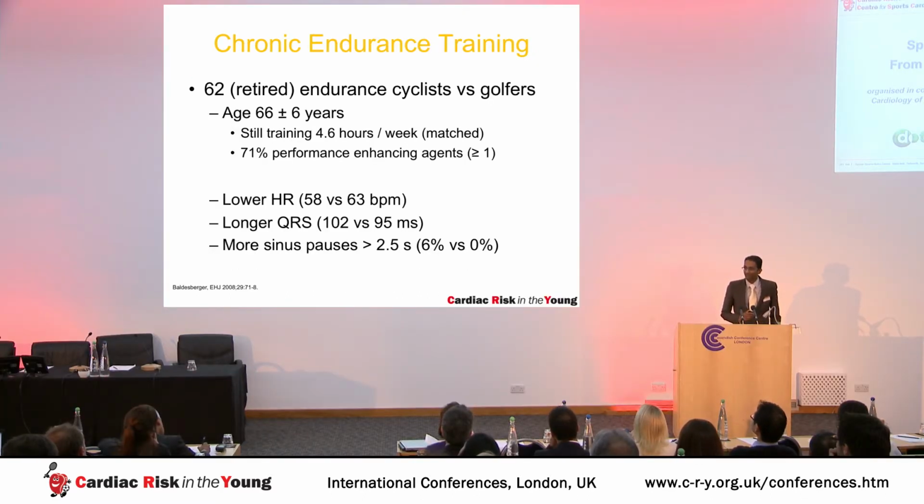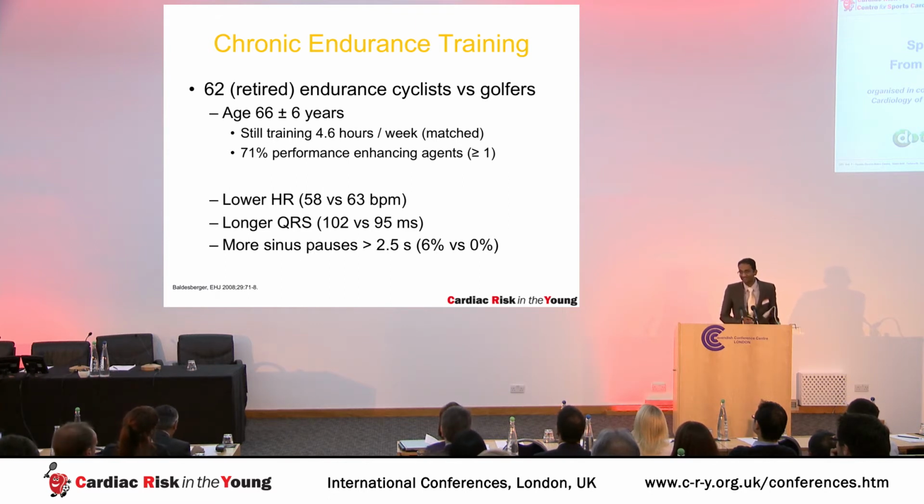With chronic or long-term endurance athletes, the issue is less clear. Certainly, a study of a little over 60 apparently retired endurance cyclists showed that they demonstrated conduction disease in comparison to matched golfers.